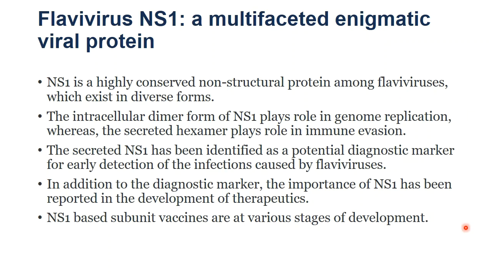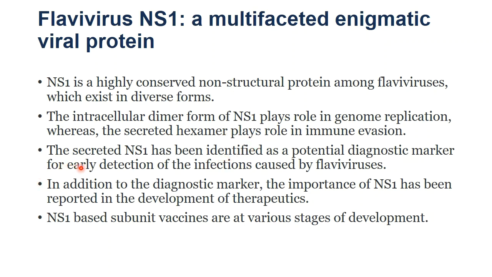Now, what is very important here is flavivirus NS1. This is a multifaceted enigmatic viral protein. NS1 is a highly conserved non-structural protein among the flavivirus group. The intracellular dimer form of NS1 plays a role in genome replication, whereas the secreted hexamer plays a role in immune evasion.